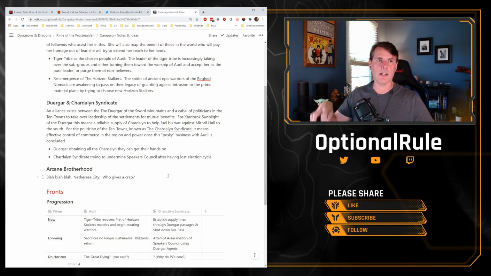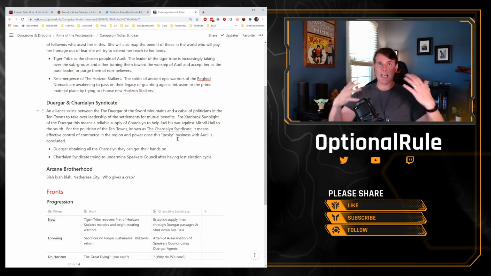So they want to take this town over and, on behalf of the Zhentarim, form an allegiance with the Duergar and sell them Charlton, making tons of money themselves by controlling the politics of the region and moving forward. Of course, all of them have this short-sightedness that they think this business with Auril will satisfy itself and then they'll move on. So that's how I've modeled it.